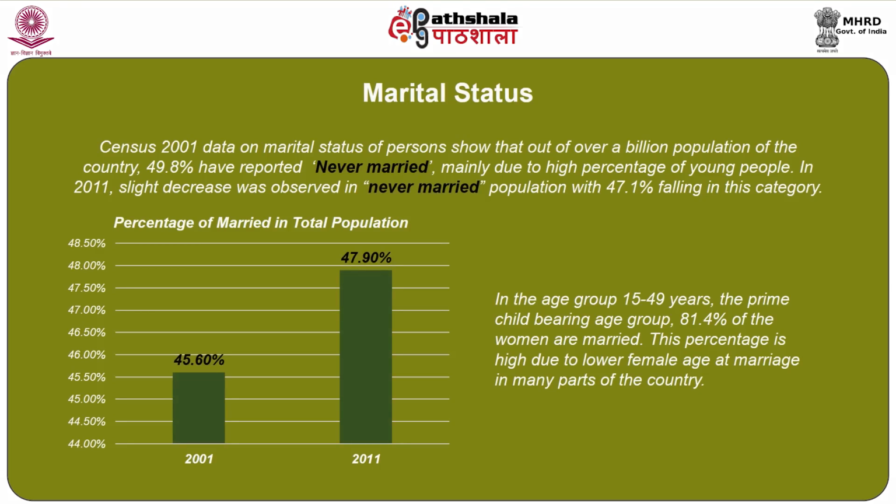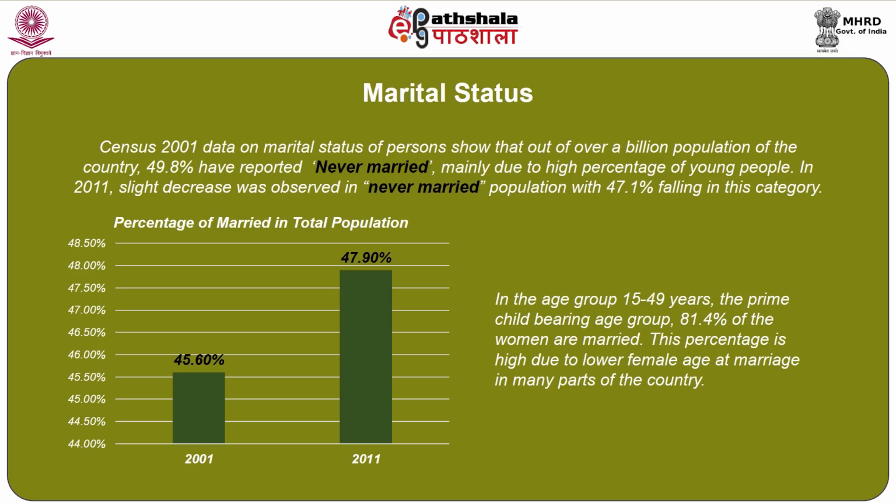Census 2001 data on marital status of persons show that out of over a billion population of the country, 49.8% have reported never married, mainly due to high percentage of young people. In 2011, a slight decrease was observed in never married population with 47.1% falling in this category.